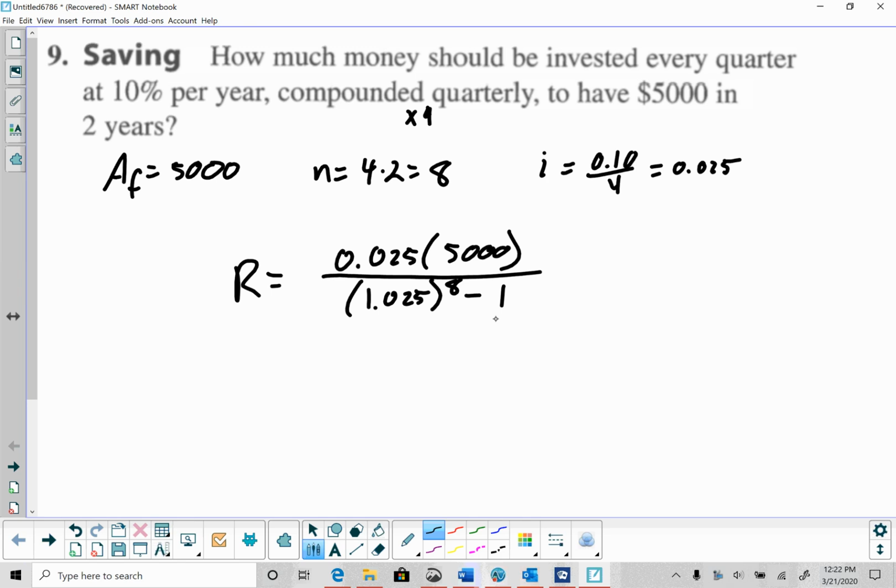All right, so then crunch the numbers with the calculator. So this is 572.34.